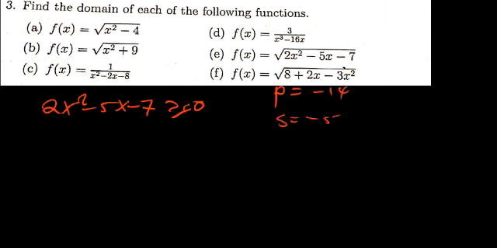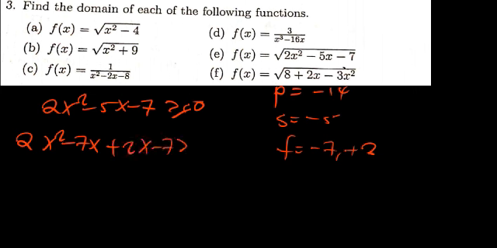We can clearly see that the factors will be negative 7 and positive 2. So that is going to be 2x squared minus 7x, then plus 2x minus 7 greater than or equal to 0. We are solving for x. I've replaced the middle term with the factors.